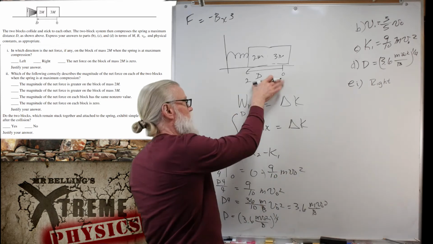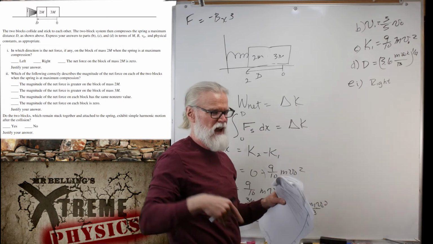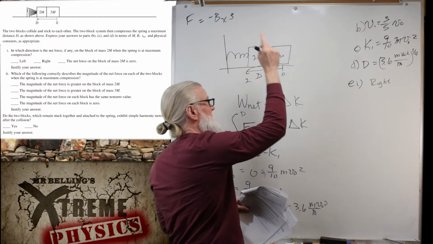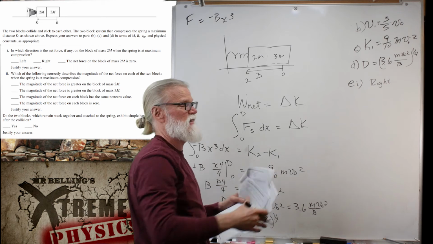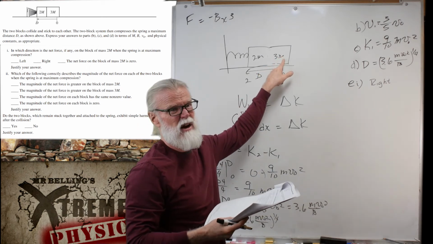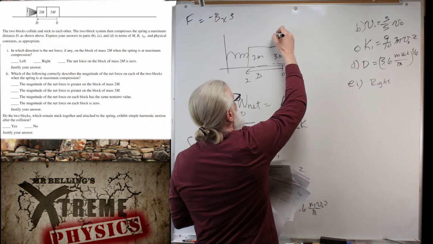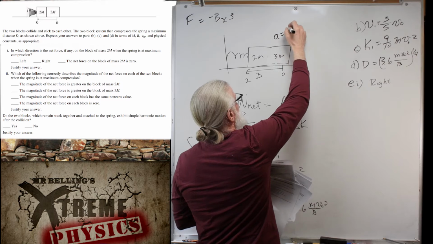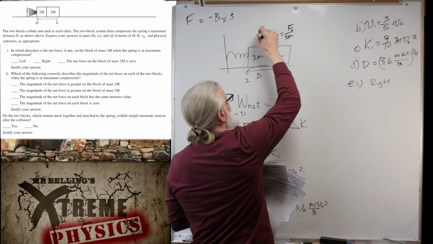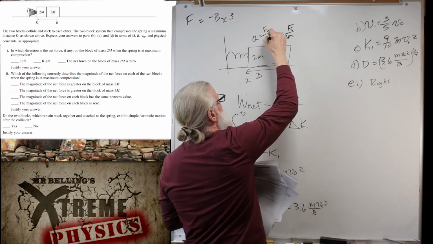Well, these two are moving together, right? It's pushing that way. They're together. They're going to move together. They're going to have the same acceleration. The acceleration of this one is going to be the same as the acceleration of this one. If the accelerations are the same, that means that this must have a greater force on it because it has more mass, right? So acceleration equals F3 over 3m, and acceleration equals F2 over 2m.